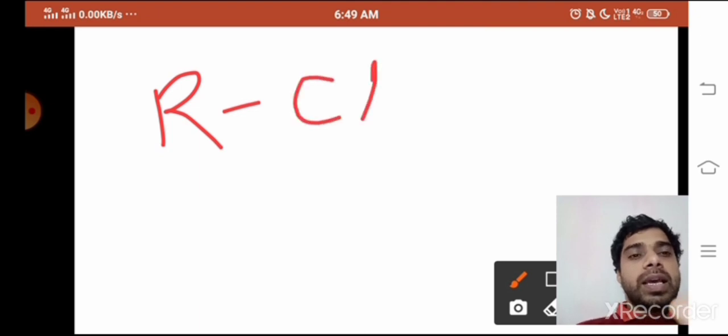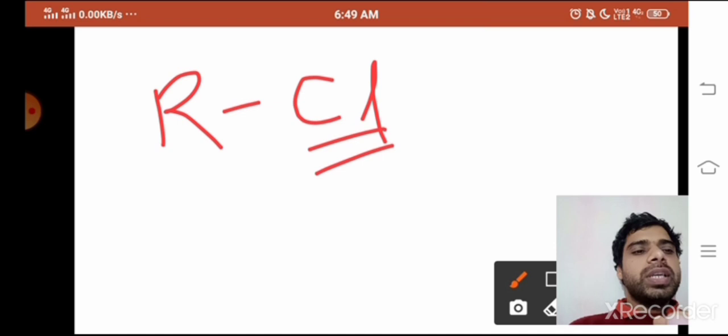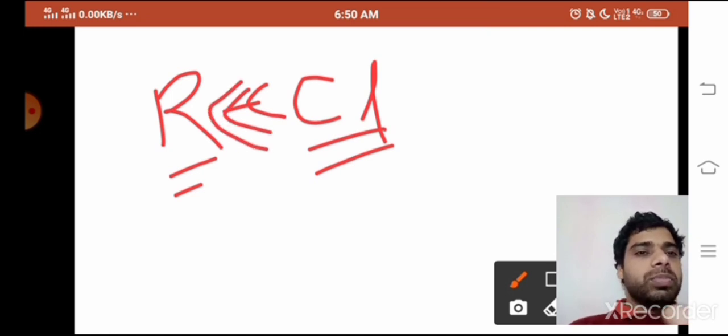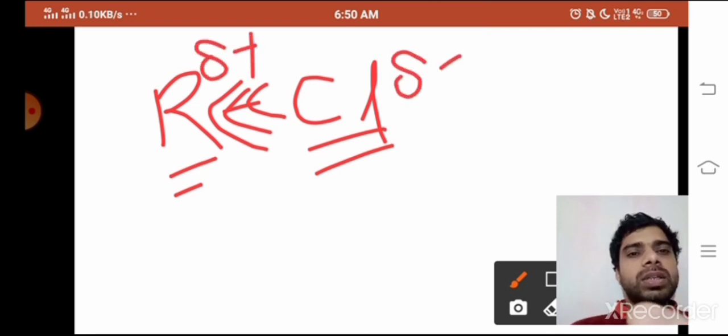In RCl, chlorine has the higher electronegativity, so its ability to accept the electron is more than that of the alkyl group. So chlorine will accept the electron of R also, and this is a polar molecule, so chlorine becomes slightly negative compared to R, which becomes slightly positive.